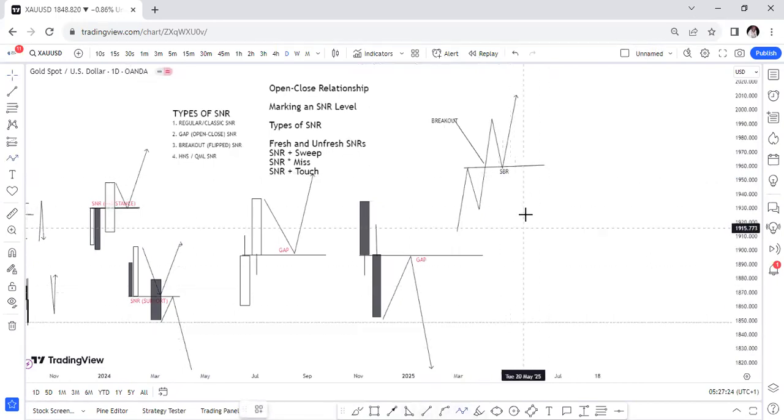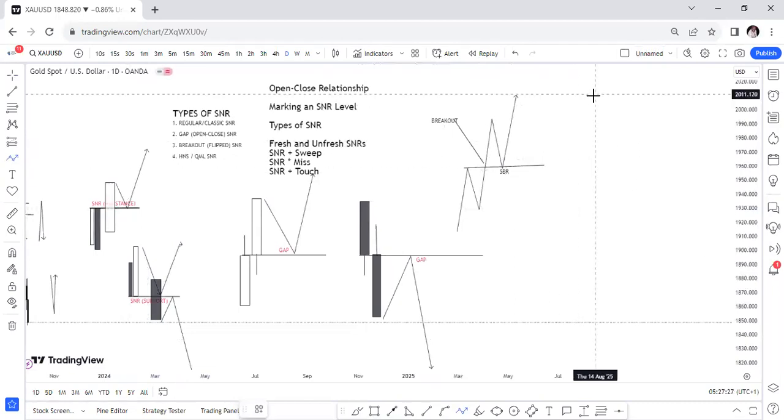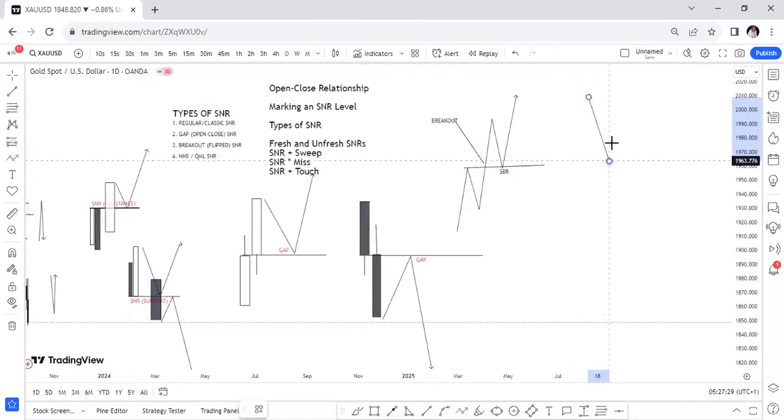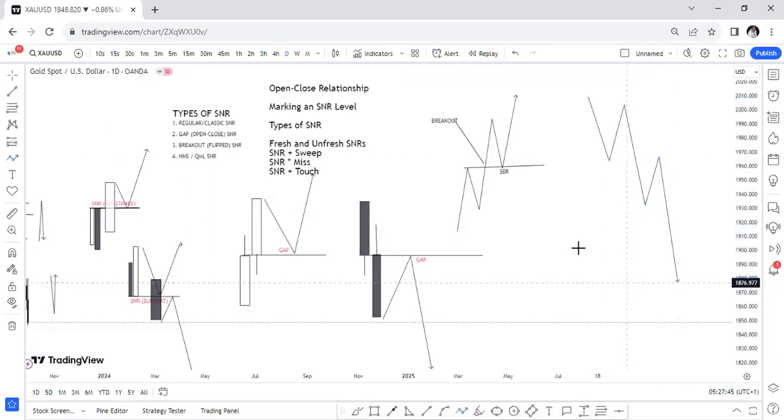So for selling here, it is like this. You create the support. Then later on, subsequently, price comes down to break through it and retest. Got retested. So this place now becomes a breakout point.